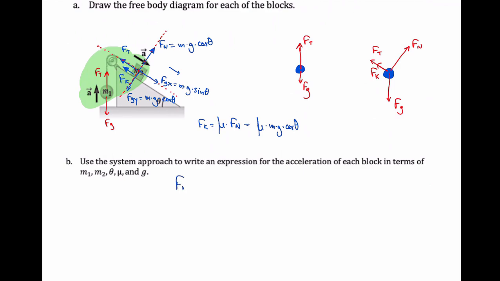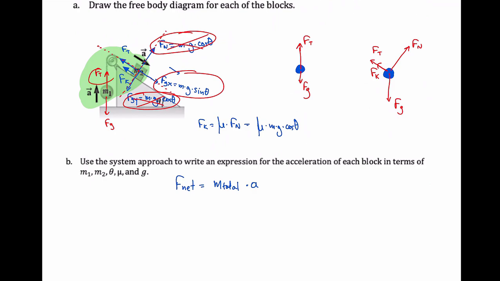So the F net is equal to the total mass multiplied by the acceleration. Now, the F net is the sum of external forces, and if we look carefully, there is the force of gravity x pulling the system down on the inclined plane, the normal force and the force of gravity y cancel each other.